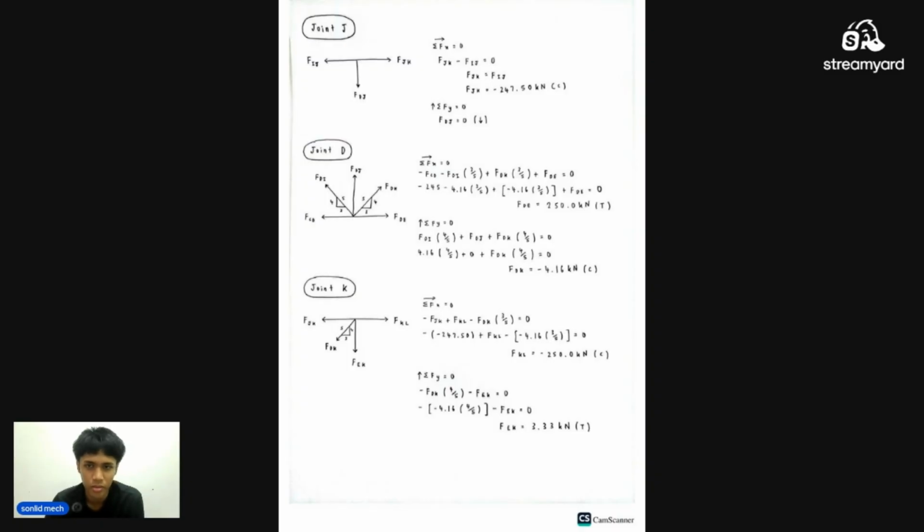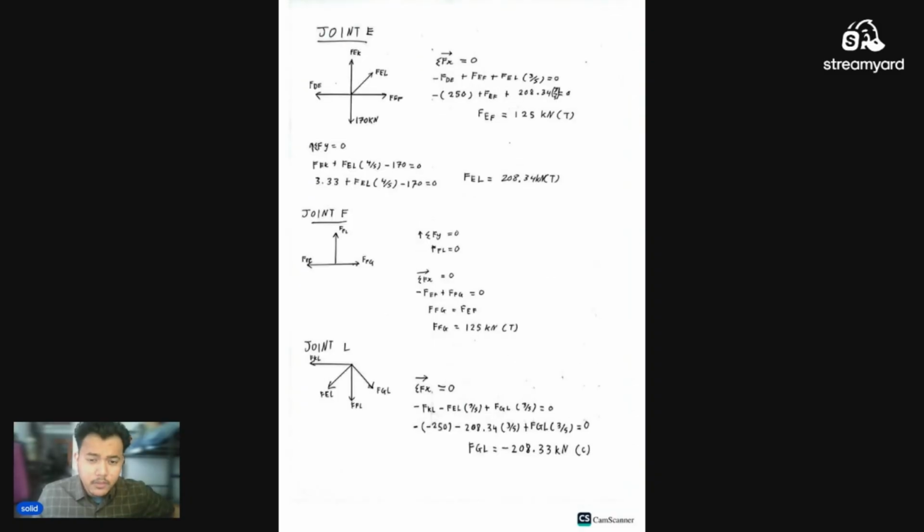Hi, my name is Muhammad Hasif, and I want to present the answer. On joint E, with ΣFx equal to 0, we can get the force for EF, which is 125 kilonewton.